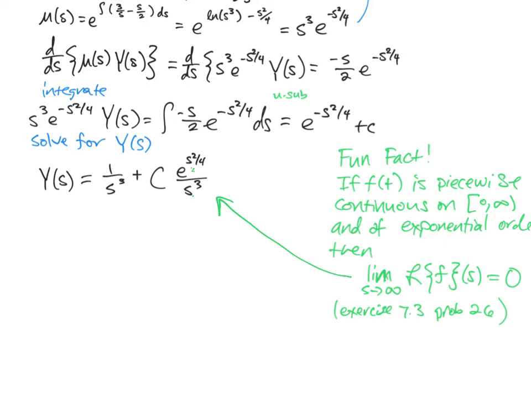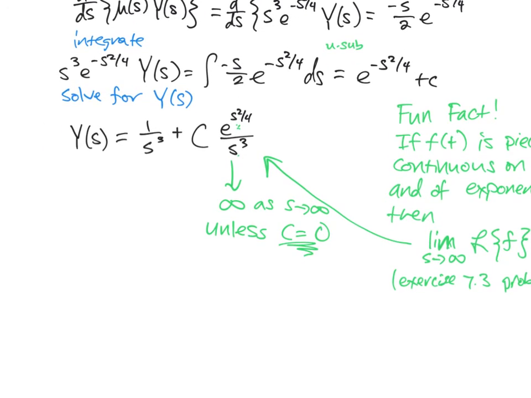And so this will go to infinity as s goes to infinity unless c equals 0. And if you don't believe me about this limit, if you're like, but it's infinity over infinity, do L'Hopital's rule a couple of times, and the top will stay infinity, and the bottom will end up getting to a constant. So because of this fun fact, we know that we must have c equals 0.